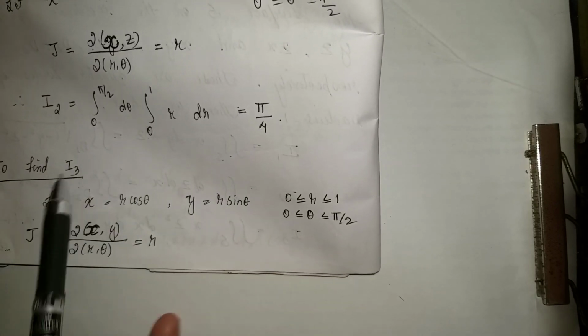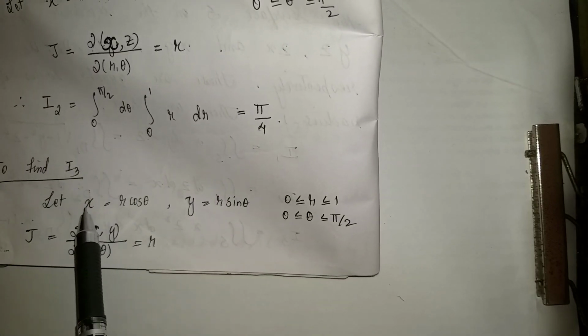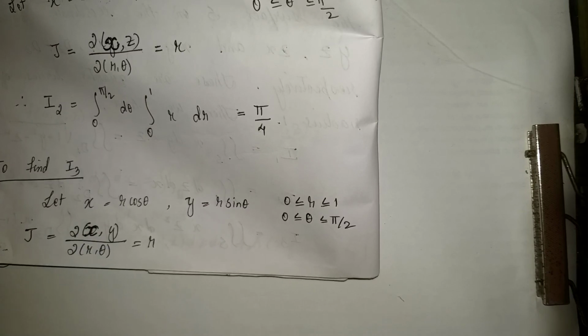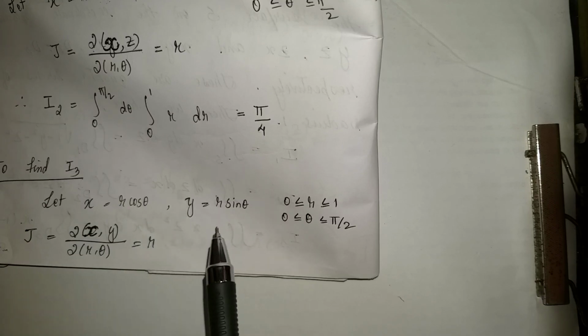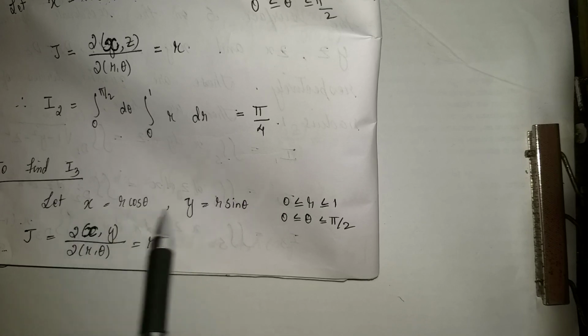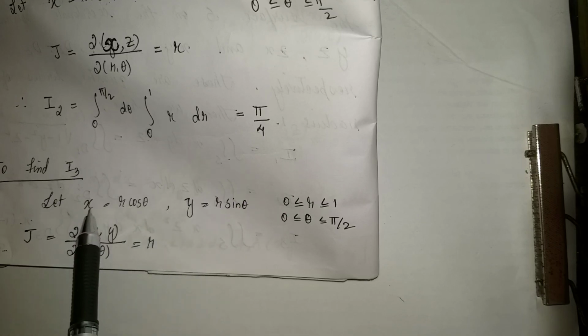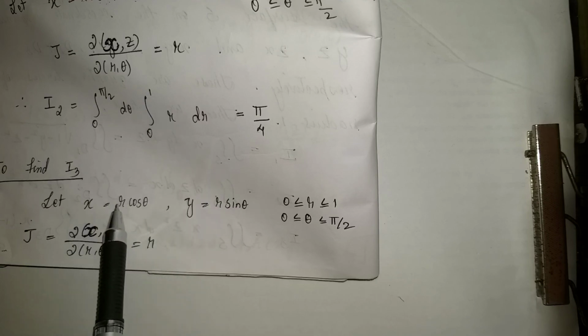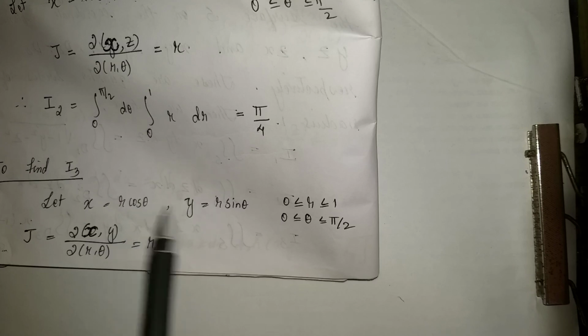Similarly for I3, you're changing the variable. So you project the surface S on the xy plane and you are going to have a quarter circle. To make it simpler, you parameterize for x and y. You change the variables x and y to the variables r and theta.